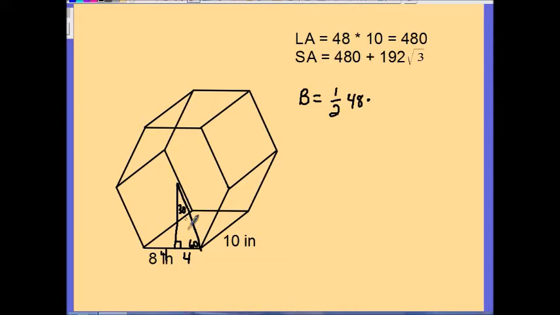If across from 30 is 4, across from the 60 is 4 root 3. That's my apothem. Half of 48 is 24, times 4 root 3 is 96 root 3. So for our surface area, it's the lateral area plus 2 times the area of my base, which is going to be 480 plus 192 root 3.